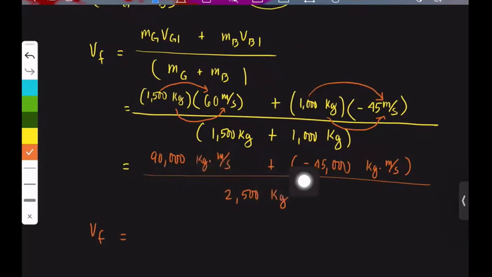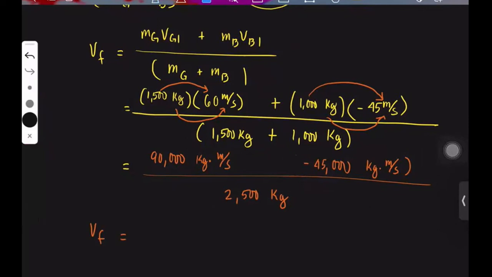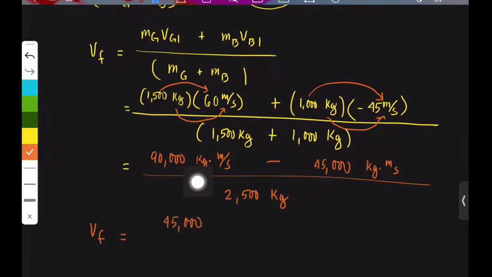Since this is negative, this will be written as a subtraction. So in this case, you have now 90,000 minus 45,000. You will have 45,000. Then you still have the units, kilogram times meter per second, divided by 2,500 kilograms.